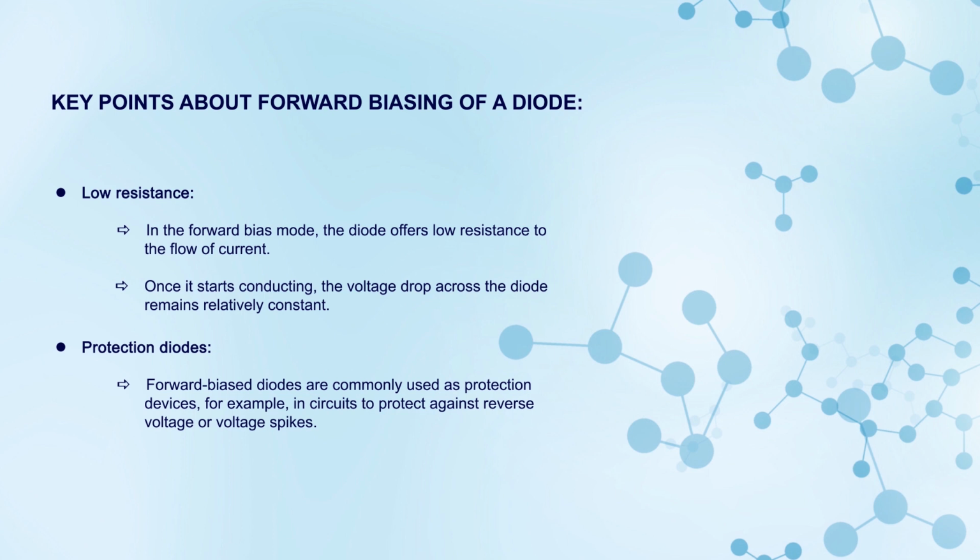As we know, in many circuits, diodes are used to protect from reverse voltage, over voltage conditions or voltage spikes. The diode blocks the voltage in the reverse direction when the voltage spike appears. So, in the forward bias, diodes are commonly used as protection devices.